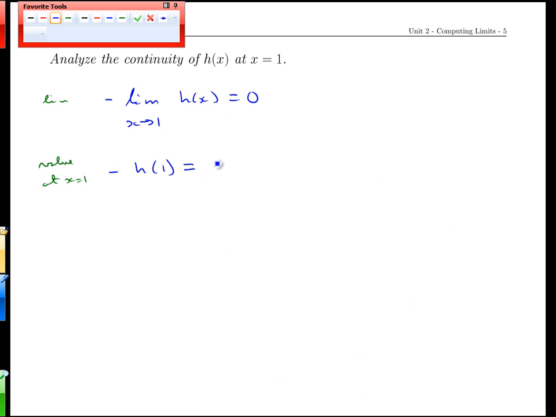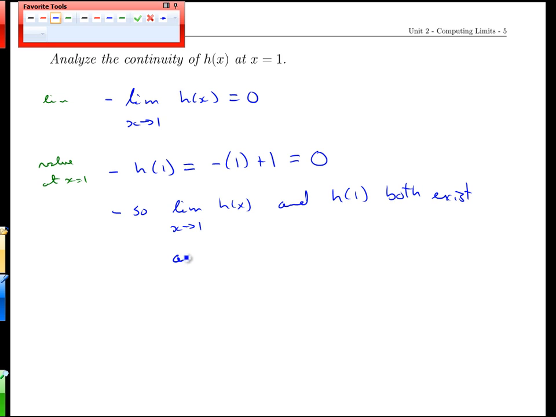And so we'd have negative 1 plus 1. And that gives us 0. And so we have that third condition satisfied for continuity. So the limit as x approaches 1 of our function and h of 1 both exist and are equal.